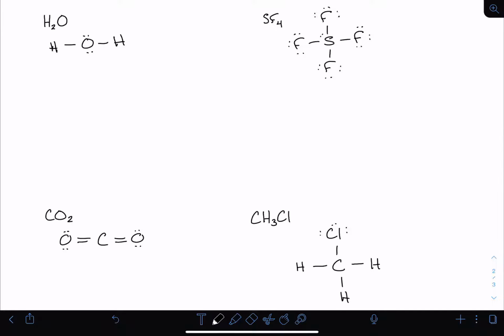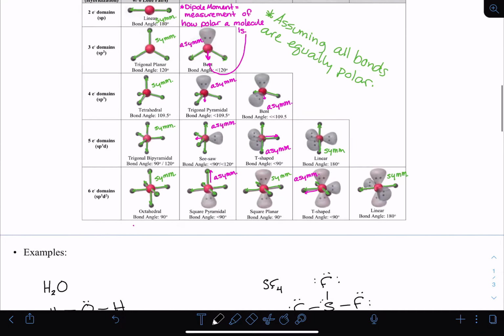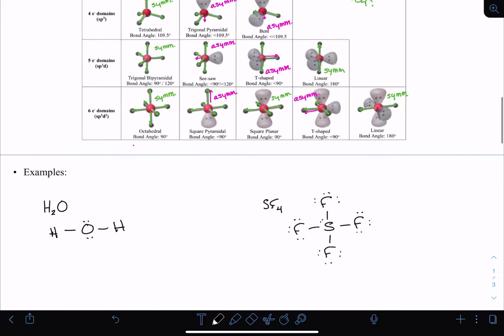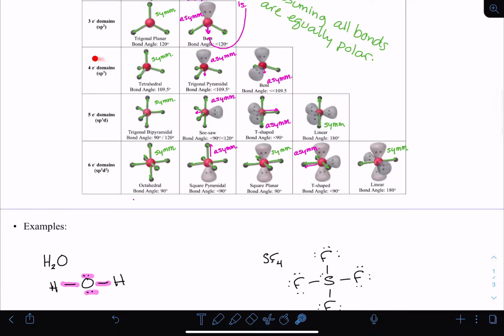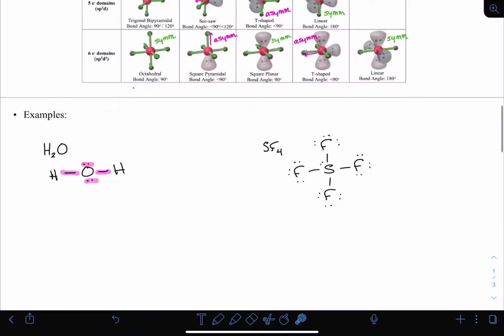So next we'll want to figure out our molecular geometries for these. So water has 2 bonds and 2 lone pairs, so that is 4 total electron domains, with 2 lone pairs makes it the bent geometry.